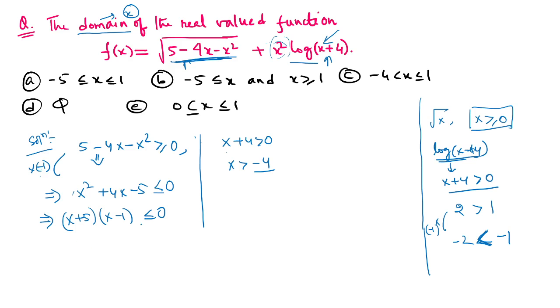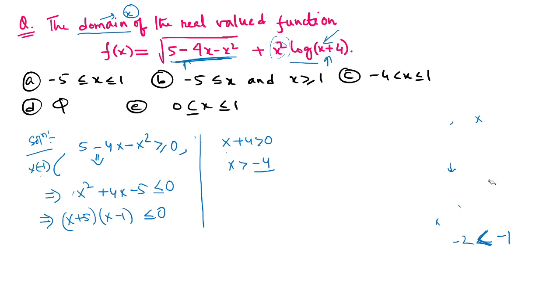Now how can we solve this? If a into b is less than 0, that means a into b is a negative number.